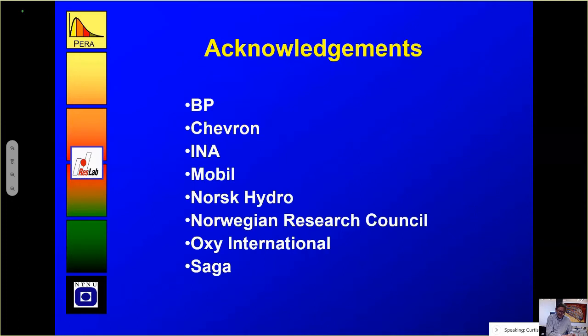So these were the companies that were supporting that JIP. I don't think there's any of them. The Res Lab, that's the lab doing the experiment. Res Lab on the left. Yeah, Res Lab was the one doing the experimental work, similar to what is now known as Stratum.